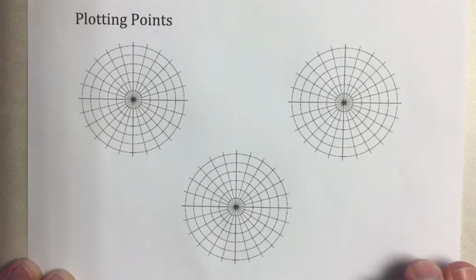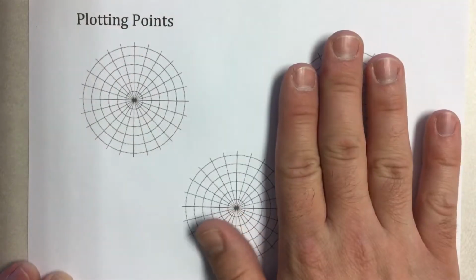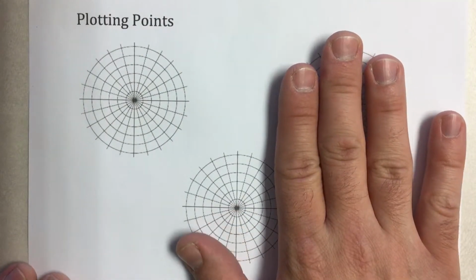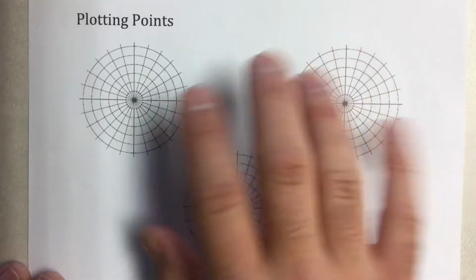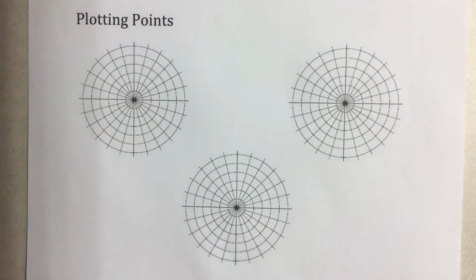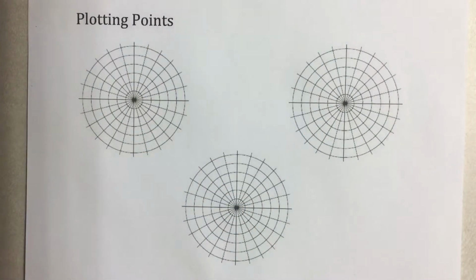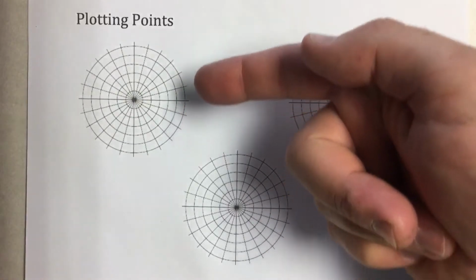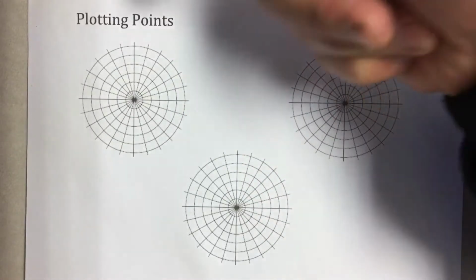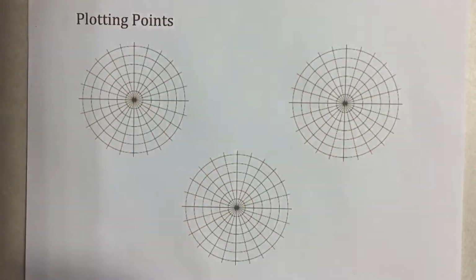Okay, so we have here an example of what a polar coordinate plane looks like. Rather than having what we always call the grid, we have a series of circles and these little rays that come out that mark our angle measures. If we're looking at degrees, I would have 0 degrees, 30 degrees, 45 degrees, 60 degrees, 90 degrees, and continue on.